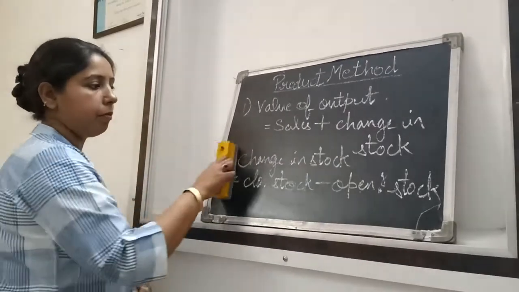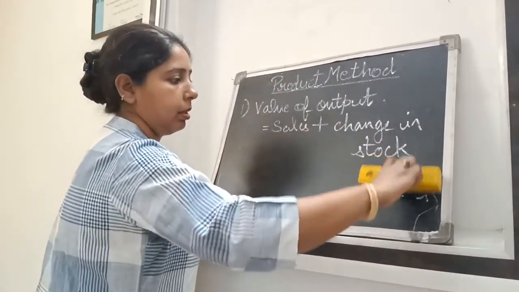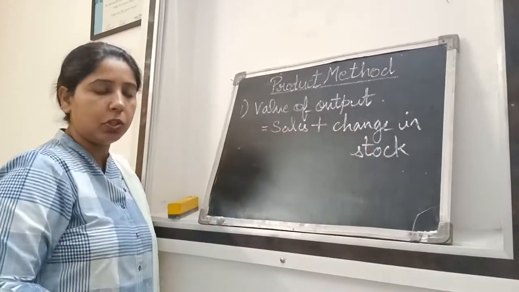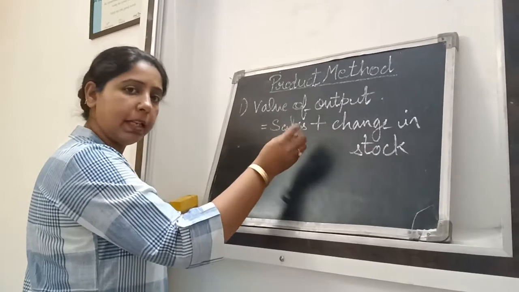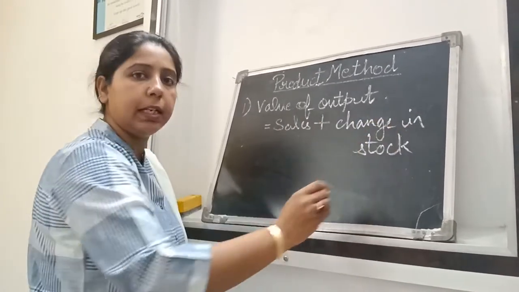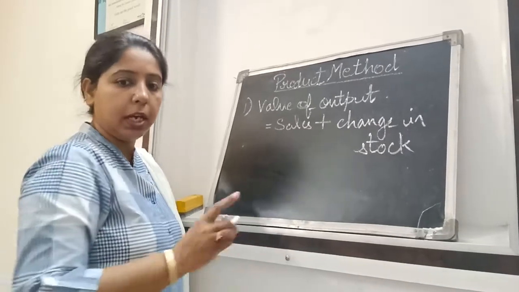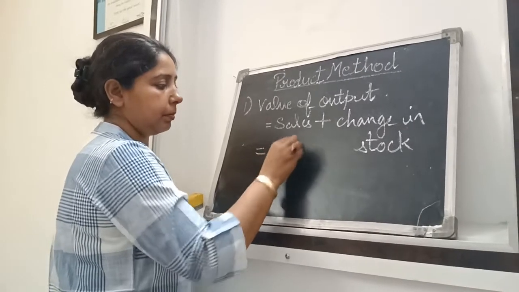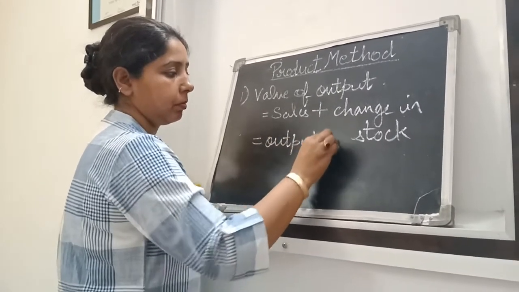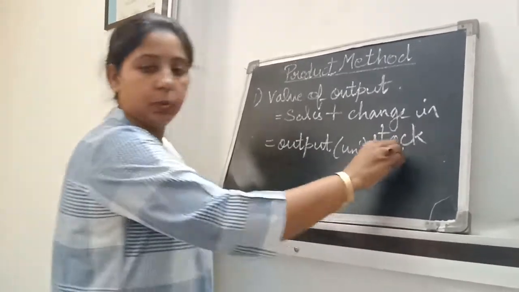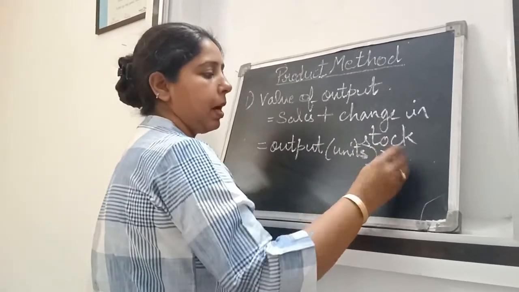There is one more way in which you can find it out. One is sales plus change in stock: domestic sales plus external sales, plus change in stock, which is closing stock minus opening stock. Another is output in units into the market price.